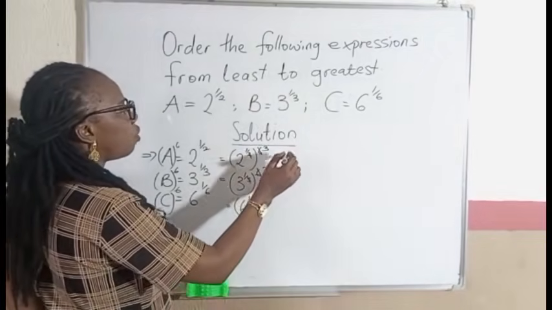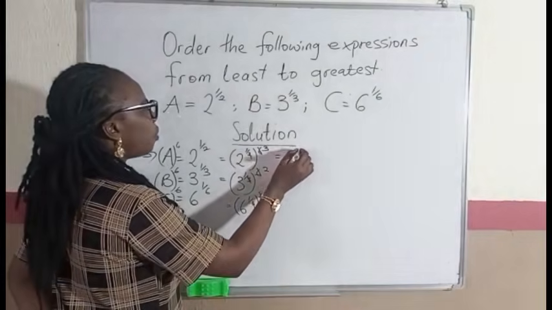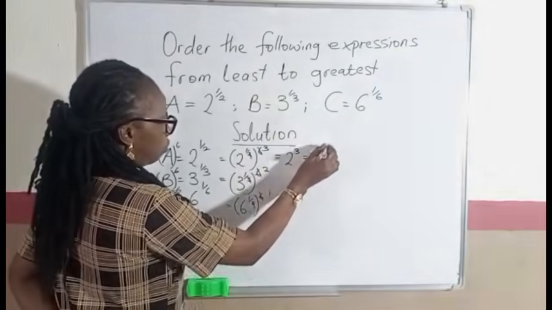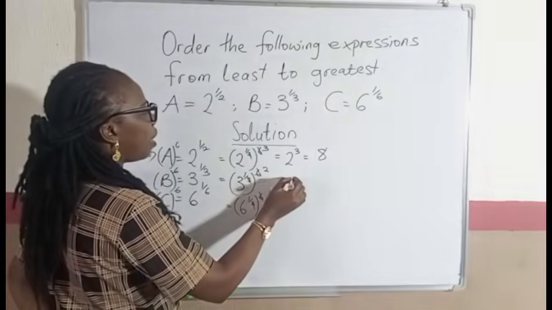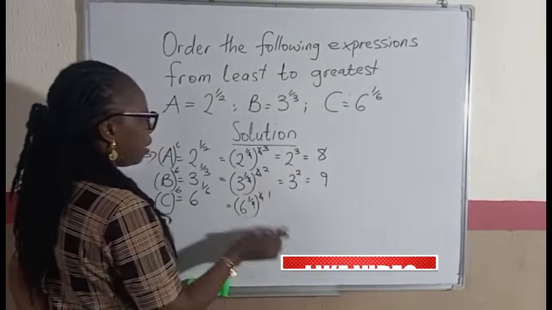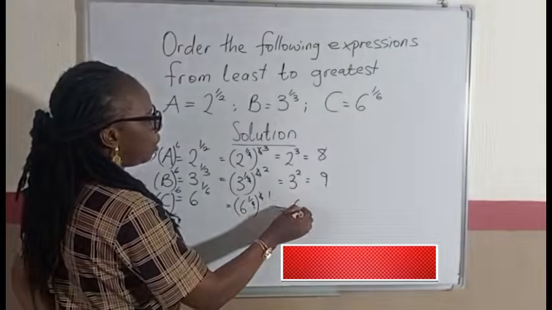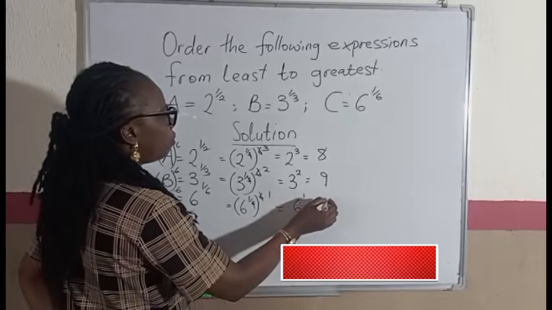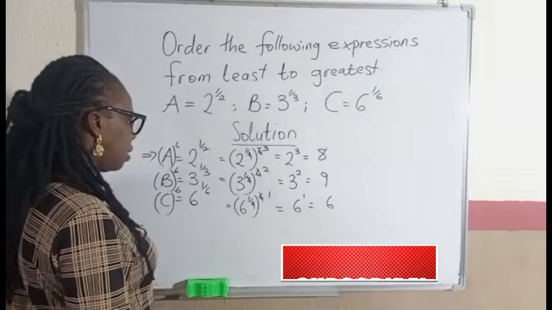From this expression we have 2 raised to power 3, which is equal to 8. From here we have 3 raised to power 2, which is equal to 9. And from here we have 6 raised to power 1, which is equal to 6.